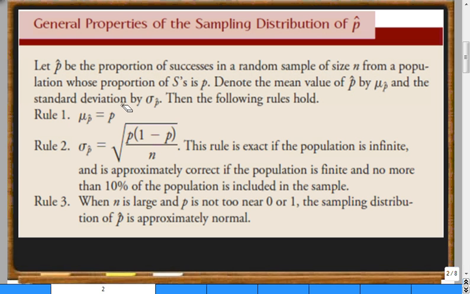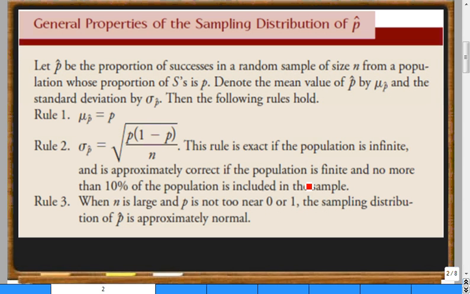This is going to work very well, but you never want to use more than 10% of the total population, or else this information could be a little skewed. Now, if n is large and p is not too near 0 or 1, you're going to have a sampling proportion that's approximately normal.